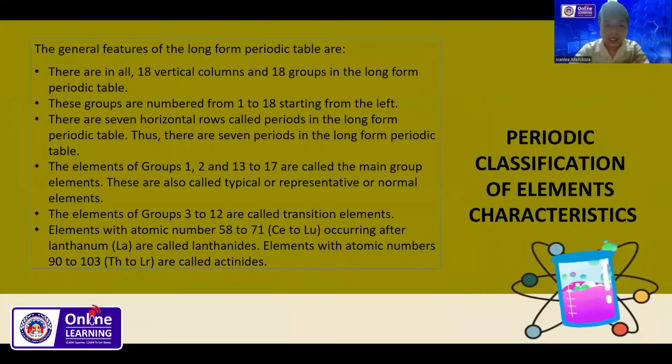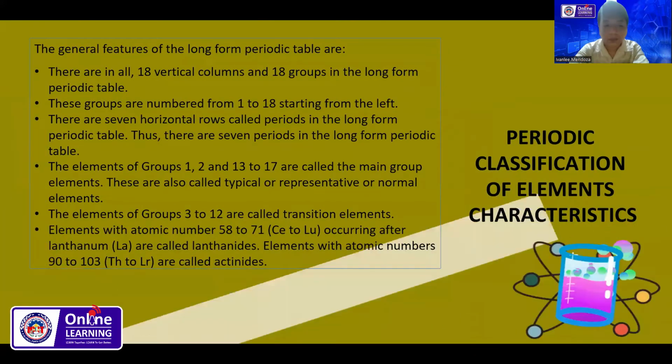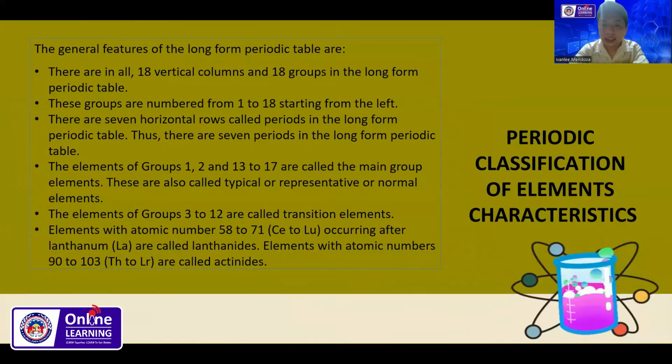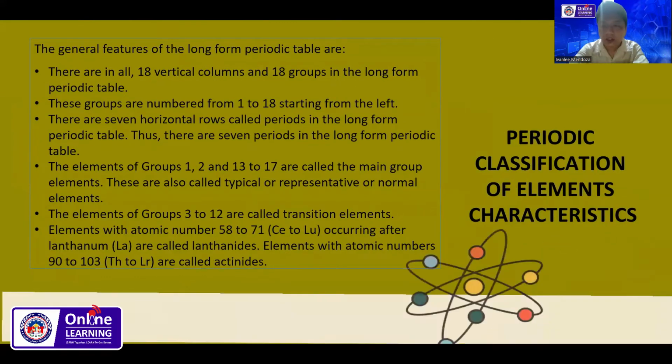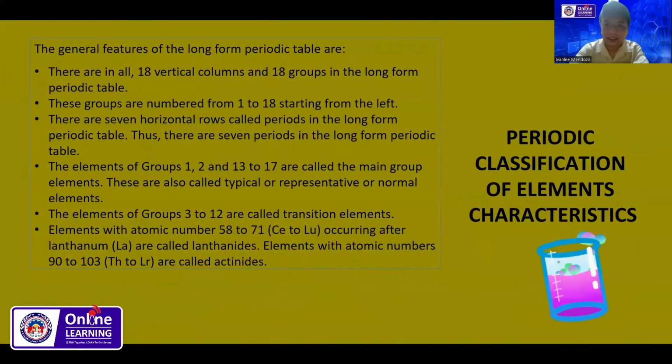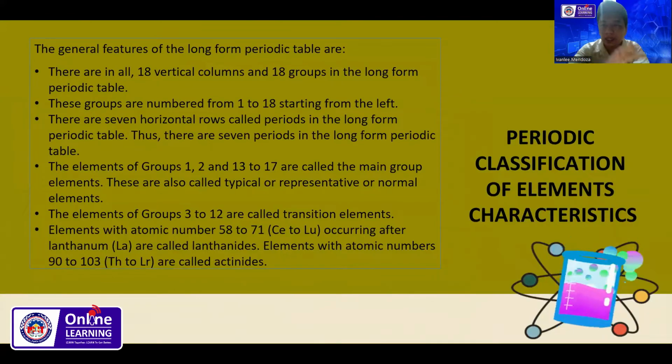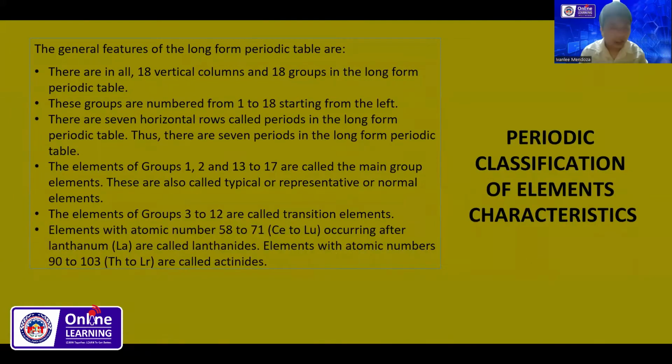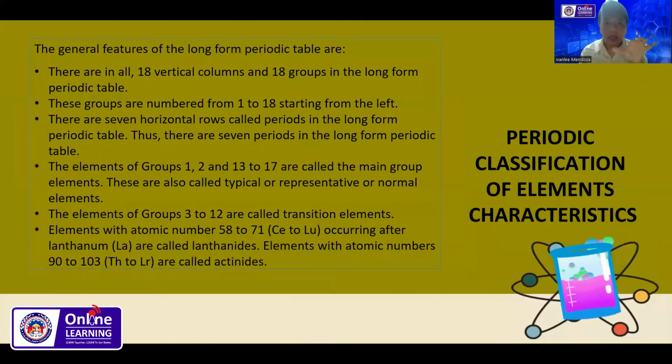And the last one, elements with atomic numbers 58 to 71 occurring after lanthanum are called the lanthanides, and elements with atomic numbers from 90 to 103 are called the actinide series. This information is intended for the general features of the long form periodic table.